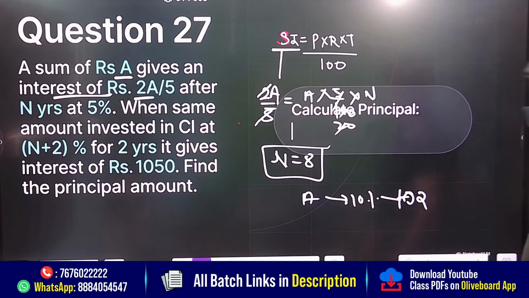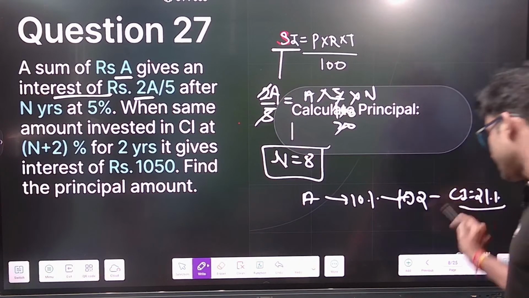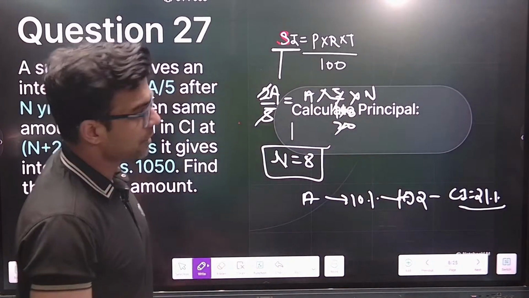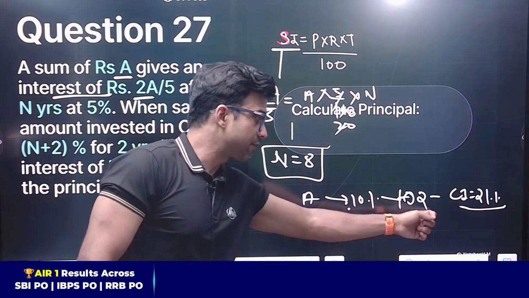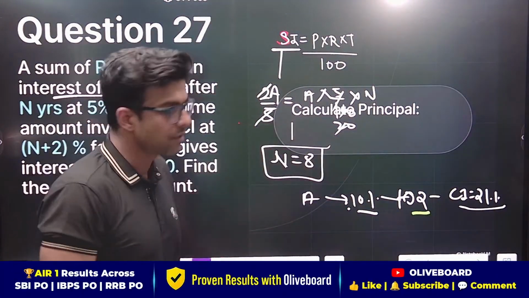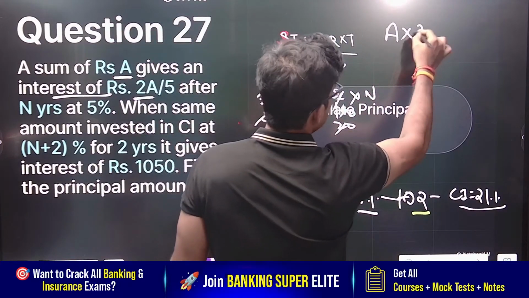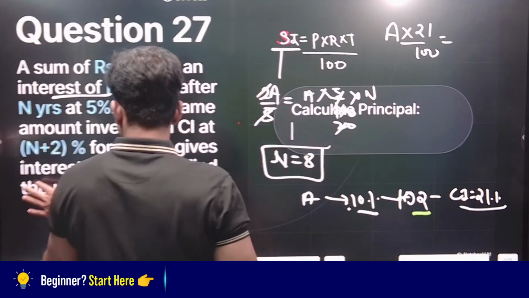For 2 years, compound interest, I showed you, is 21%. I showed you every time: for compound interest, if the time is 2 years and the rate is 10%, that would be 21%. So can I say A into 21% would give me the interest?